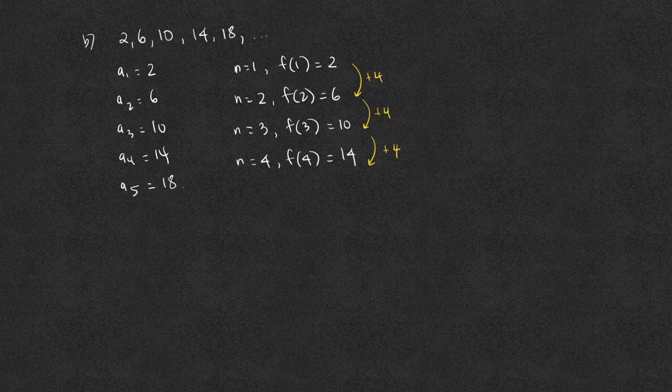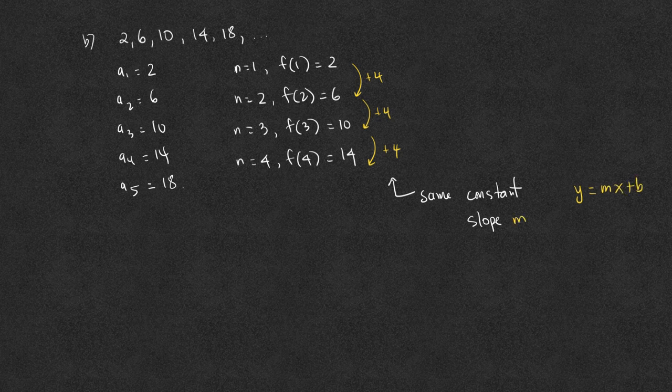And so every time the output increases by the same constant, then we know that this is a linear function, and that same constant is the slope. If it is linear, then we're looking for the equation of the form y equals mx plus b, where m is the slope.